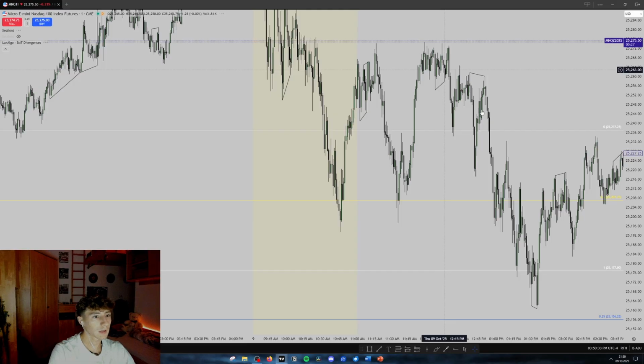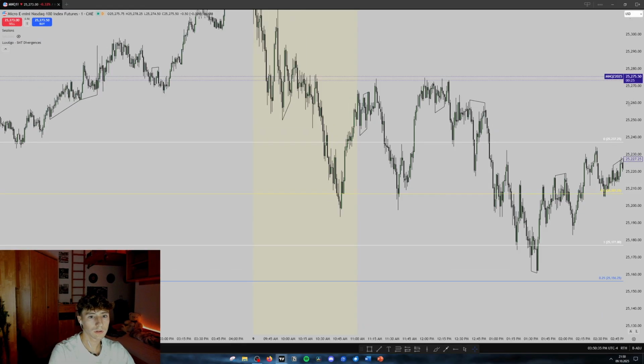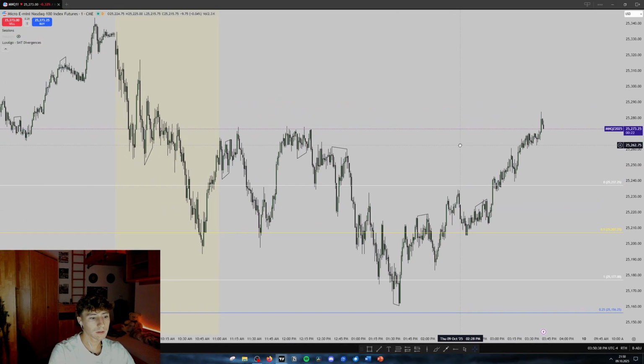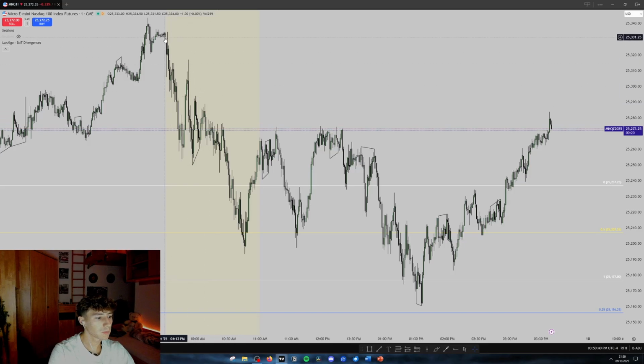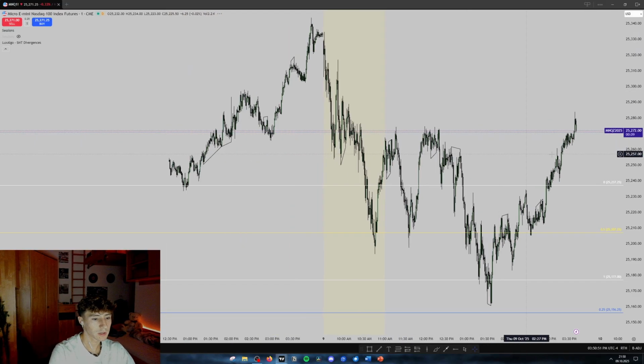And right here we have regular trading hours, and I think we have our new opening range gap right here. It's really small, 5 handles, so we just ignored. Nothing really special in here.